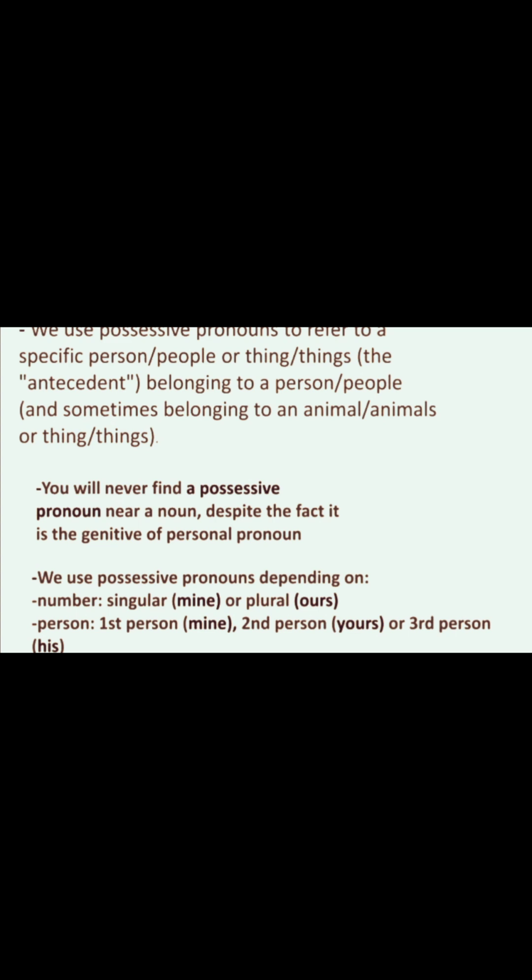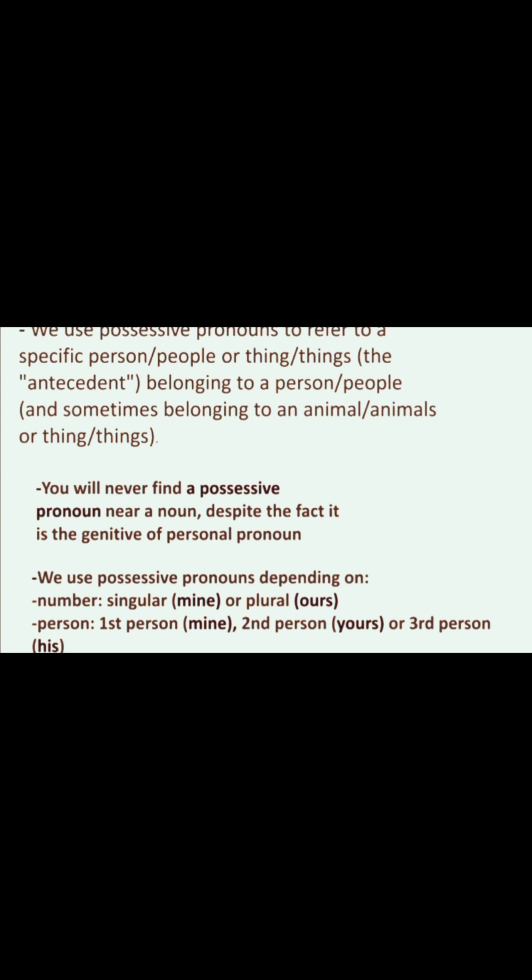You will never find a possessive pronoun near a noun, despite the fact it is the genitive of personal pronoun. We use possessive pronouns depending on number, like singular हो तो mine और plural हो तो ours. Mine, ours, his, hers, all these are possessive pronouns. So possessive pronouns depend on number, person or gender.